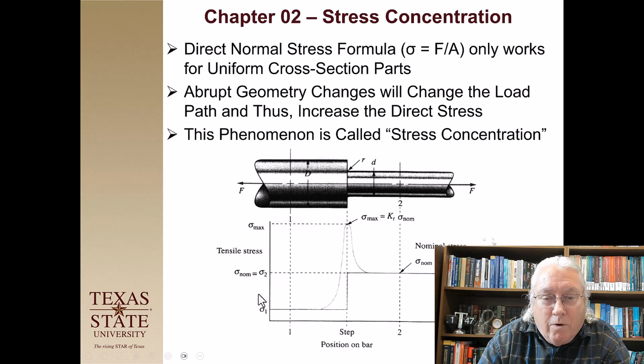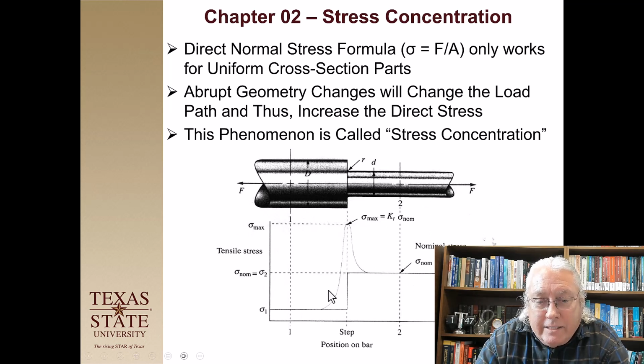And I go over to the other side, and this is the stress sigma 2, we're going to call the nominal stress. It's also constant over here, but it's much higher than sigma 1. We've got the same force, but we're dividing by a smaller area. So sigma nominal, or sigma 2, is bigger than sigma 1.